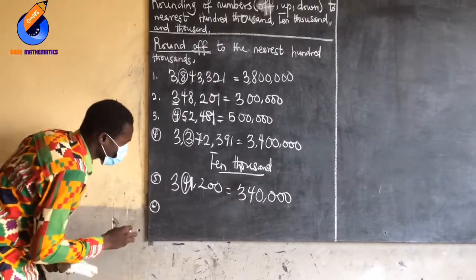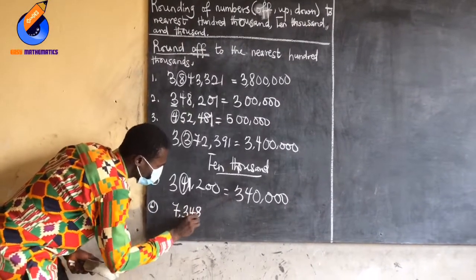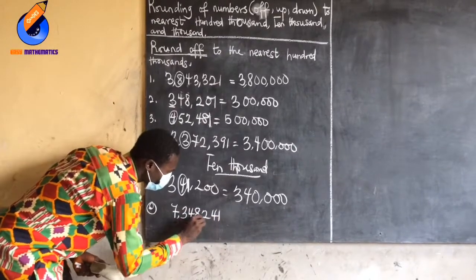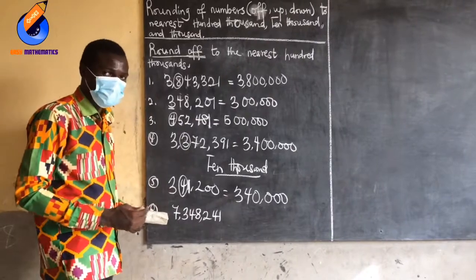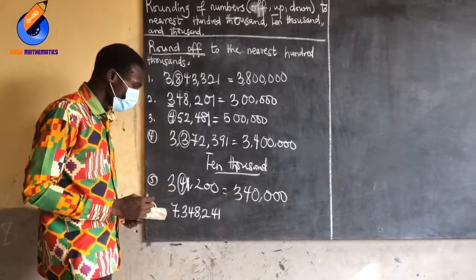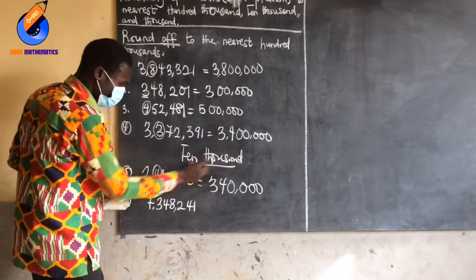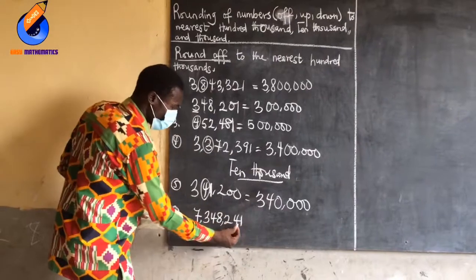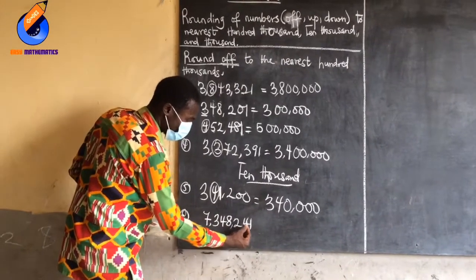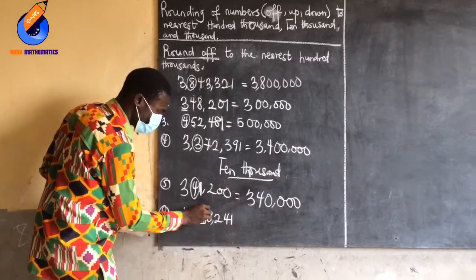Let's say we have this 7,348,241. We are rounding off to the nearest 10,000. So I'll locate the number with the value 10,000. Ones, tens, 100, 1,000, 10,000. It is the 4.